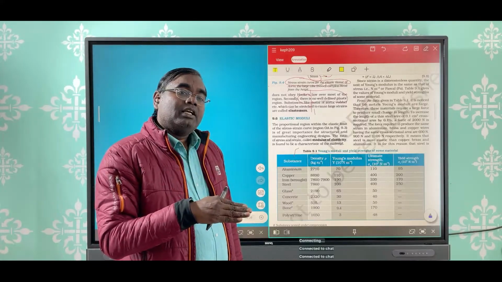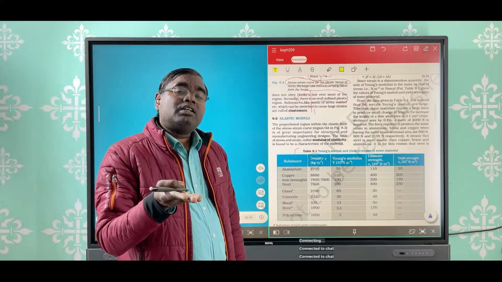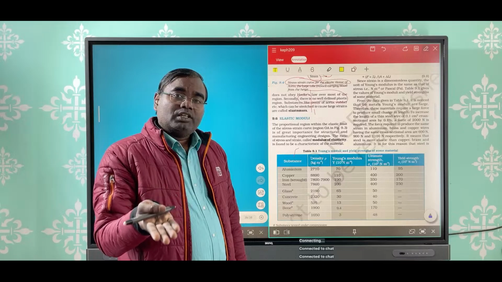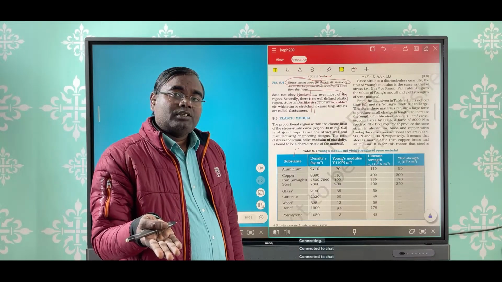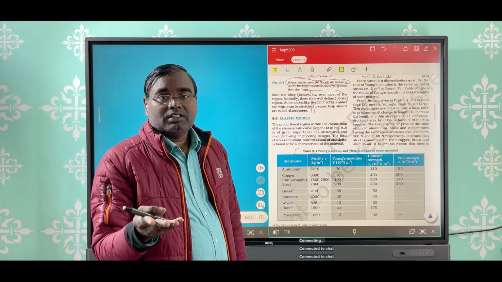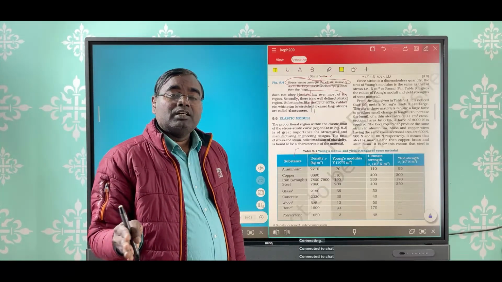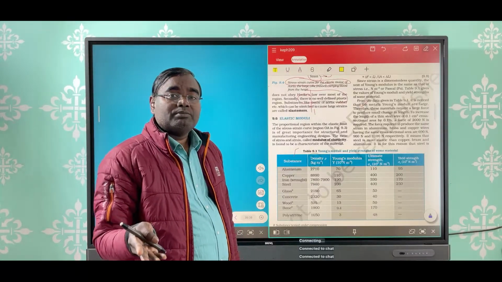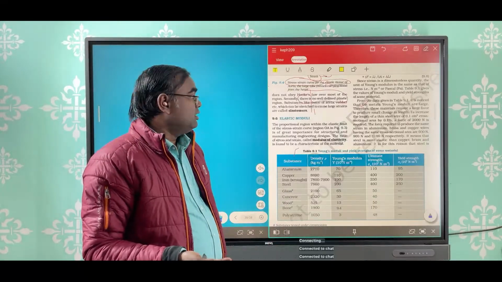Because by measuring these, we can judge the solid's properties, whether it is elastic or not, and if it is elastic, how much. We can compare different metals, different solids by measuring these properties, right?